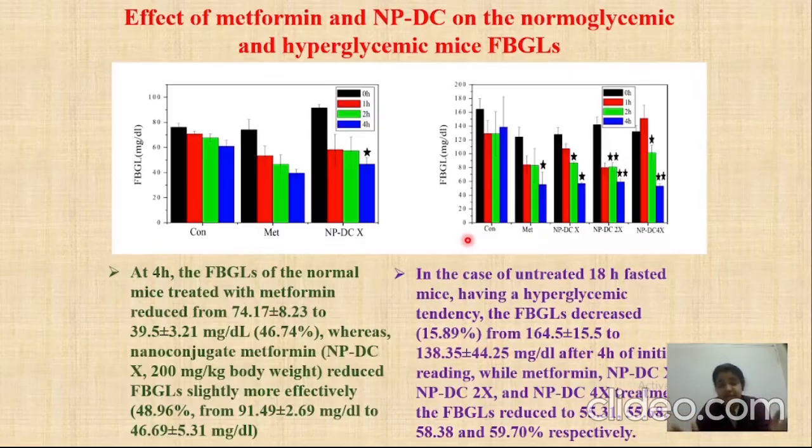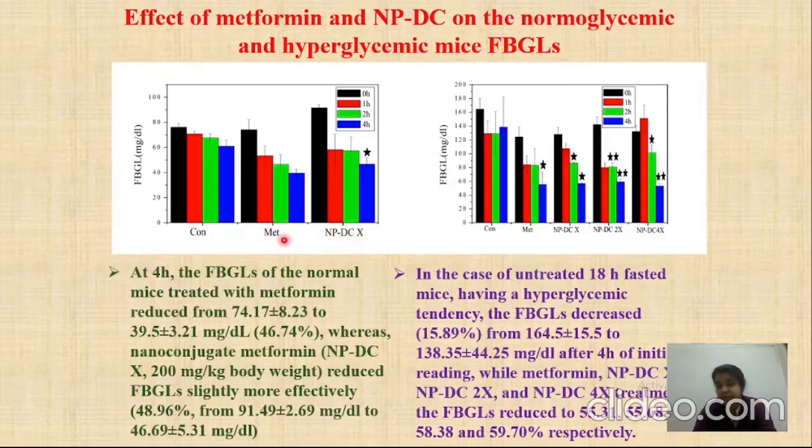And after the treatment, we can say that the NPDCX, meaning the drug conjugated nanocomposite sample, when applied at the same concentration as the pure metformin sample, has similar antidiabetic activity as the pure drug metformin.